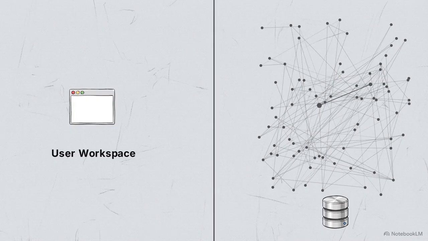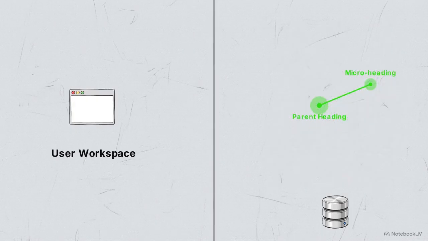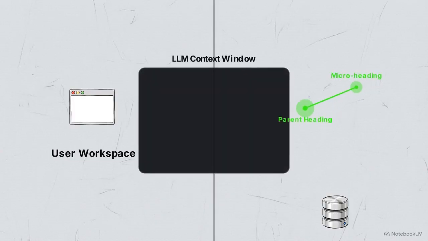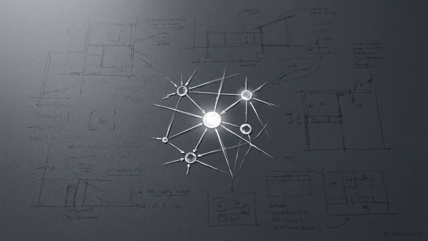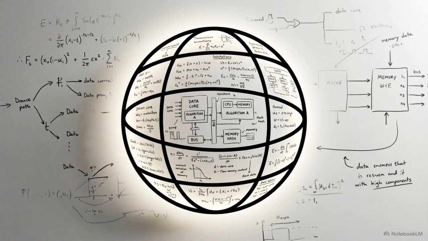The graph isolates exactly two things: the micro-headings of the current active node and its immediate parent heading for local context. Those specific data points slide into the context window to form the prompt. Notice what is excluded. The system pulls zero information about the user's other life domains. Starving the prompt of macro data dedicates maximum token space to the fine-grained technical details required for surgical tutoring.